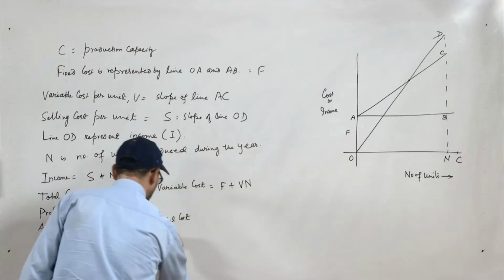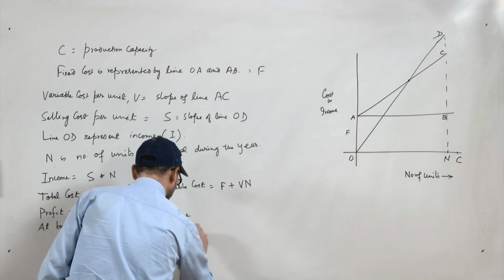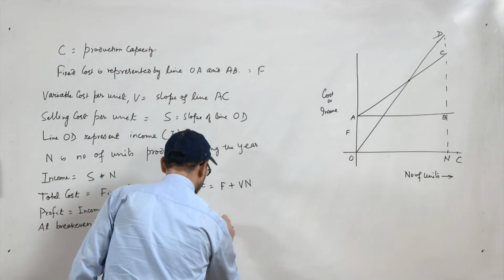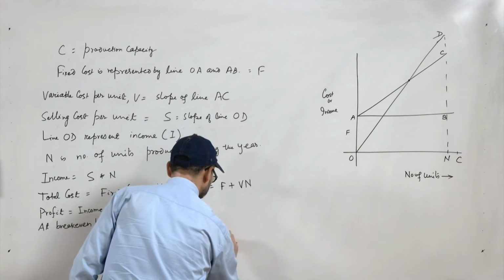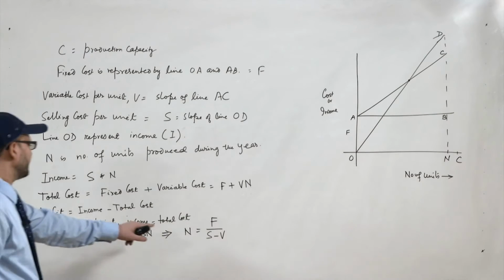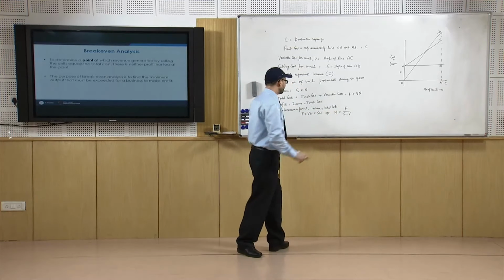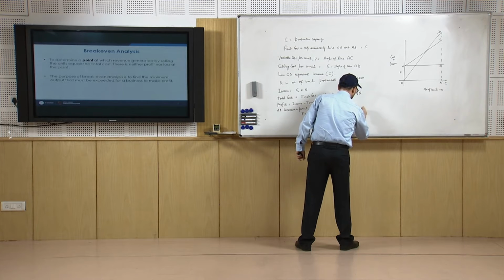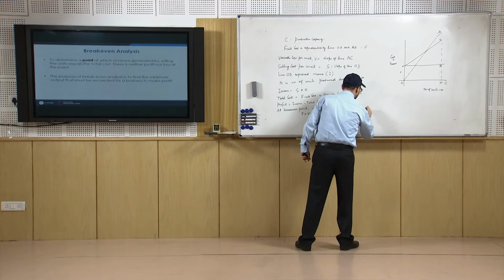So, N will be equal to F by S minus V. Now, this N we treat as N star, that is the break-even quantity.